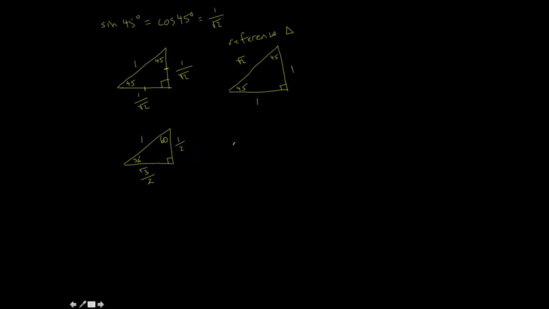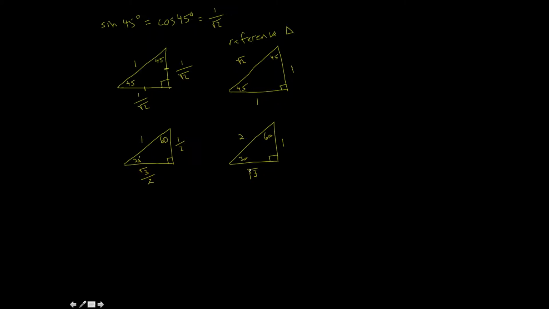Now, the reference triangle for 30, 60, 90 is going to be just a little different, just like our last one, where we multiplied through by the common denominator of a square root of 2. We're going to multiply through by 2 here as the common denominator. So that's going to give us 2, 1, square root of 3.